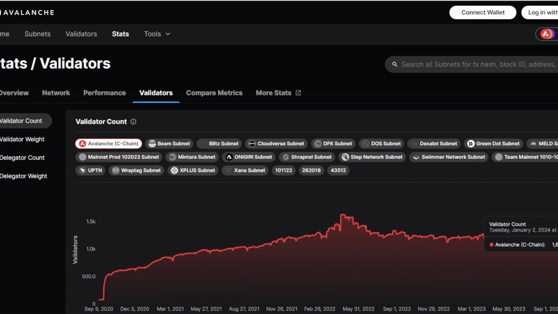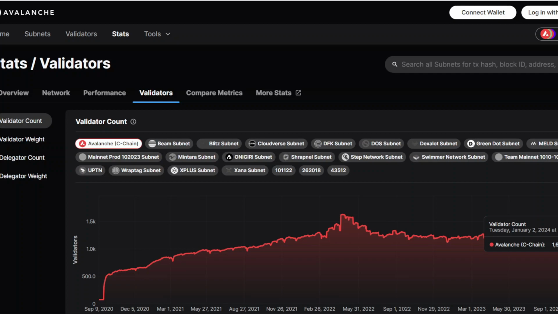So that's what we're looking at. There are 1,600 validators on that, and that means there are 1,600 available people who can actually handle and confirm those transactions and have dedicated their time and resources to do so. Validators are not just random people out and about.